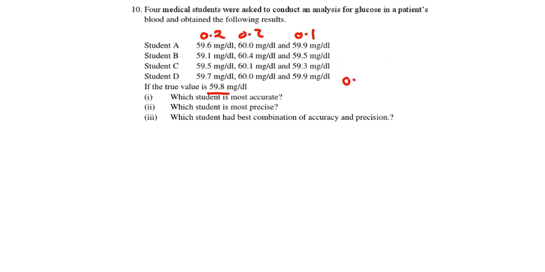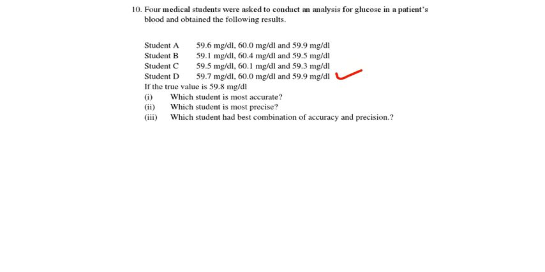That's 0.1 closer to the value. This is 0.2 more. This is 0.1. So these values, you can see that they are the ones that are closer. So the most accurate one is D, followed by A, if my estimations are right.